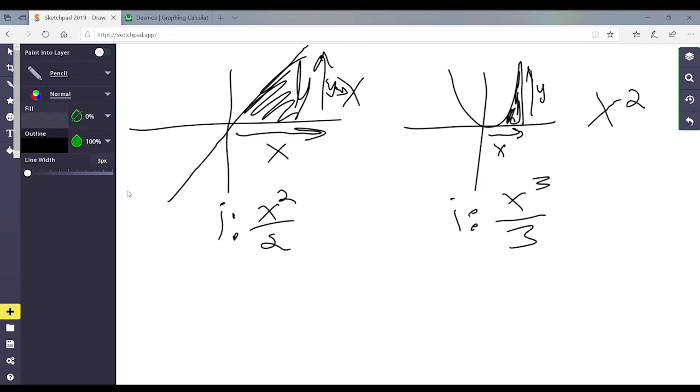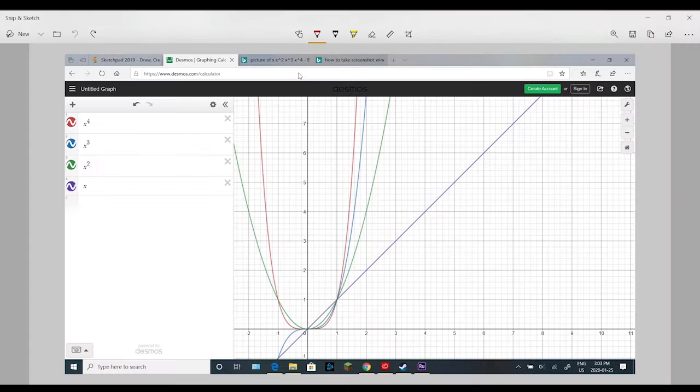Now, the only real difference is that now we're dividing it by a different number. So we're multiplying both of them by x, to multiply it by the base, which is getting you the full area of both. And then we're going to divide by a certain number. Now, this number slowly increases as the power increases.